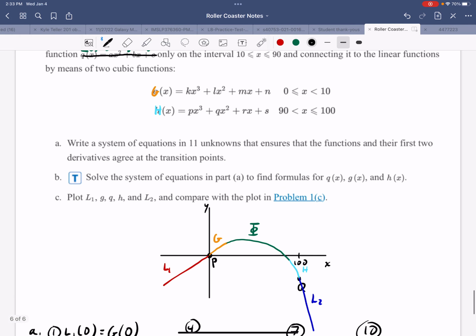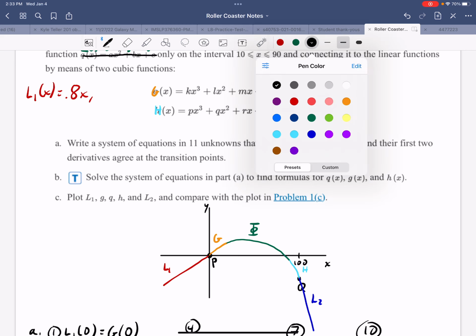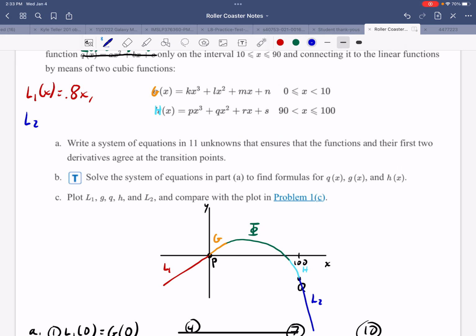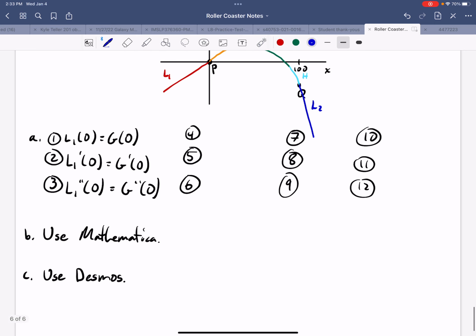Just want to iterate one thing if I didn't say it already. Note that L1 of x is still 0.8x, and L2 of x is still negative 1.6x plus 120. And just to be clear, we are solving for this piecewise function.